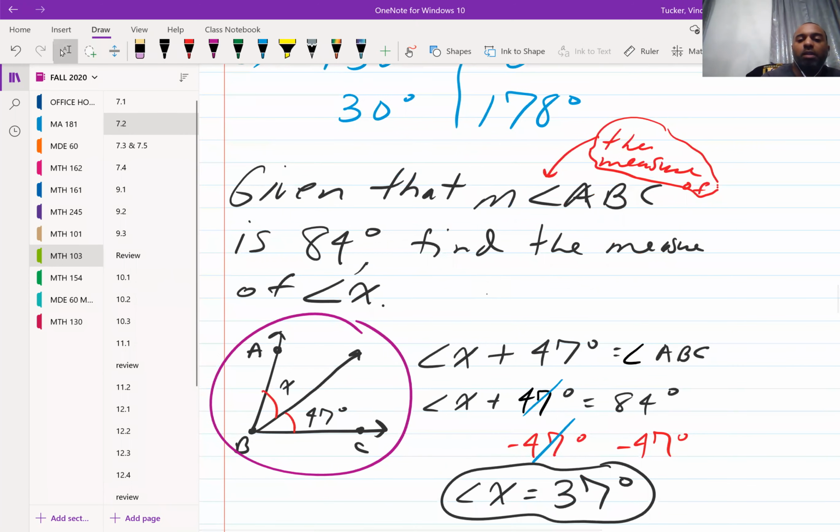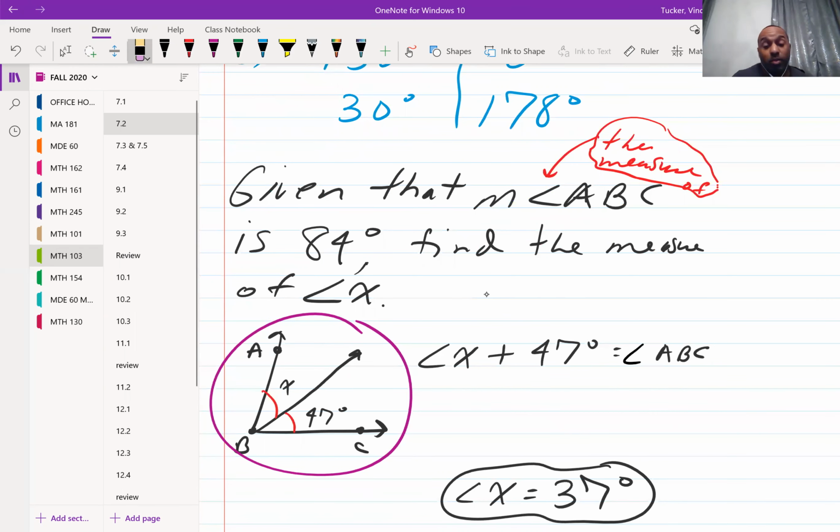I'm going to put this stuff back up here, though, of course. You would establish, or this is how you visualize it, whether you write it down or not: angle X plus 47 is equal to 84.